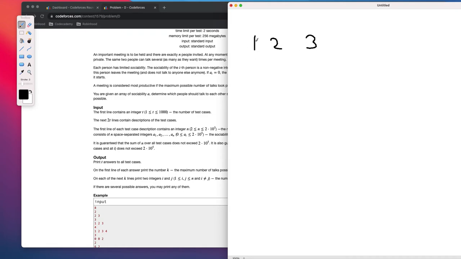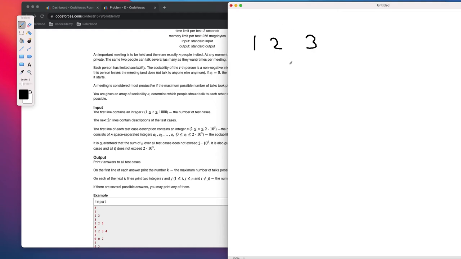This person has value 1, meaning he or she can only talk to one other person, and once that is done the value is decreased, and once it gets to 0, that person leaves the party. So we need to find the maximum number of pairs of people talking to each other.